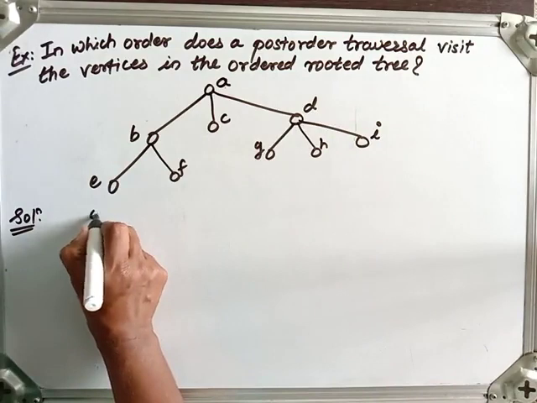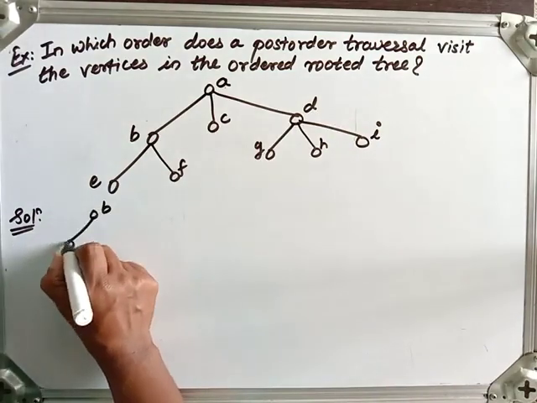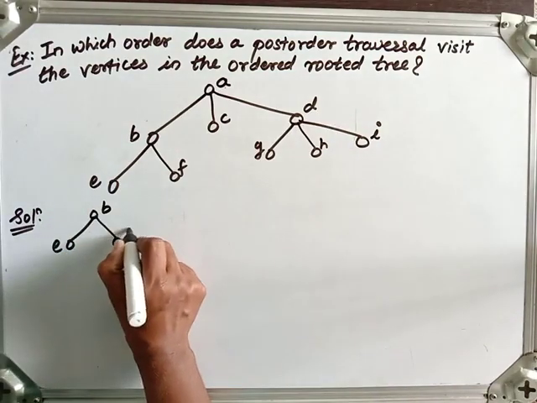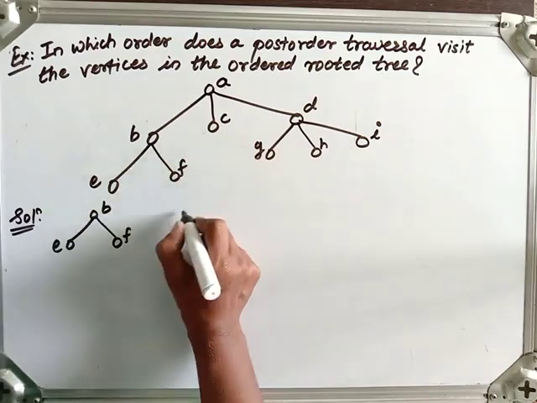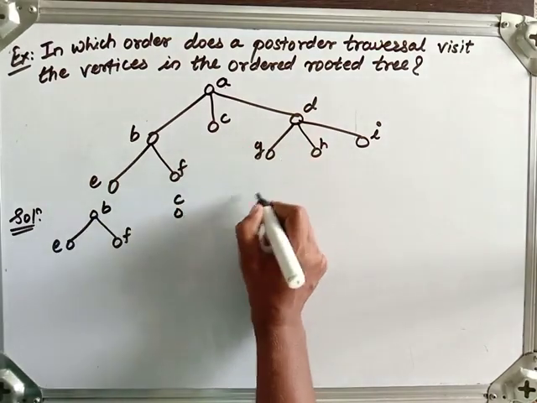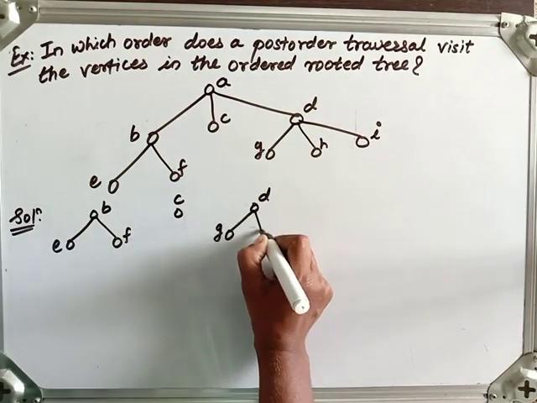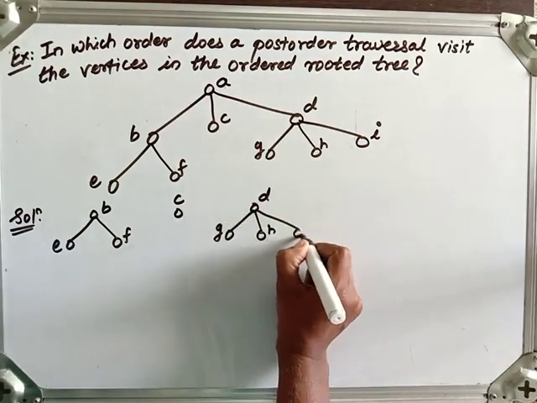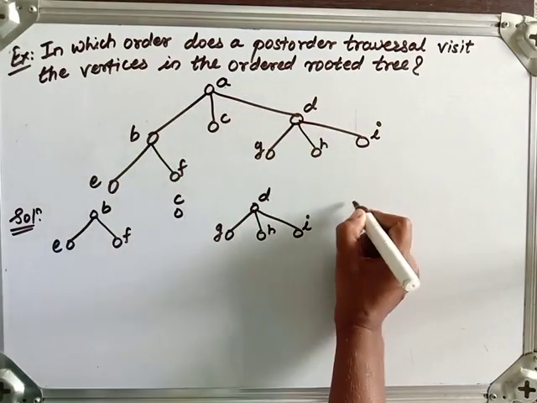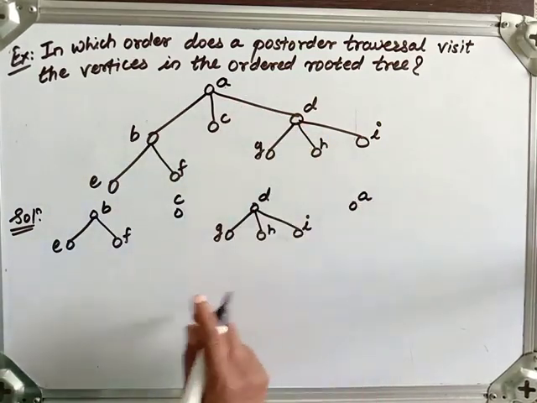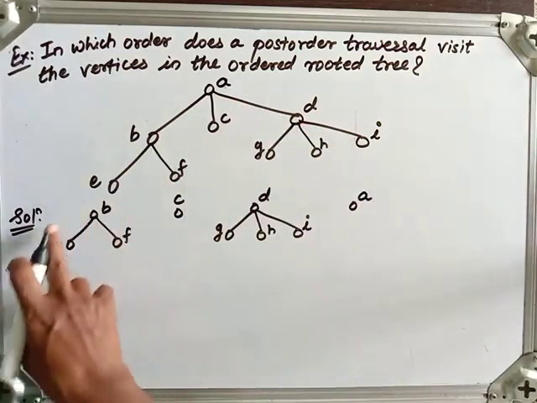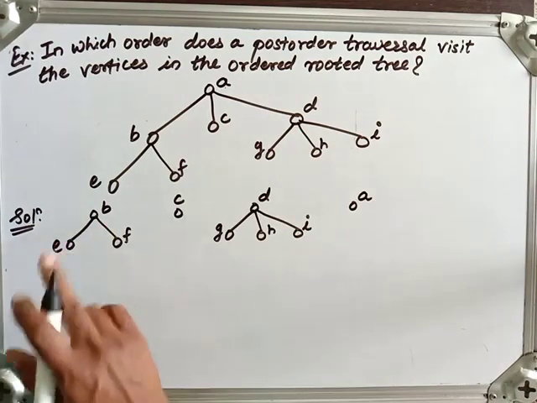So our first step is this B, E, F, right? Then C, then this subtree of D, and then at last we have to visit the root, that is A. Fine. Now again this subtree we will visit in post order.